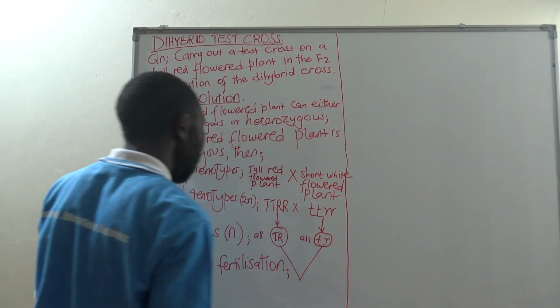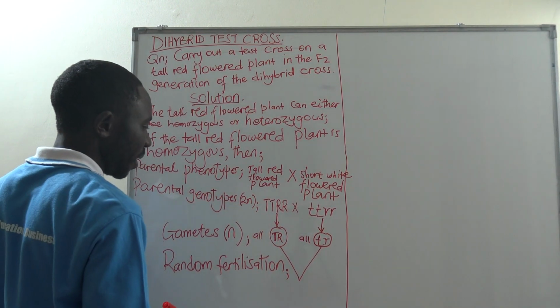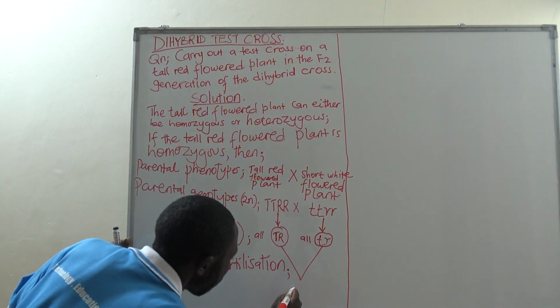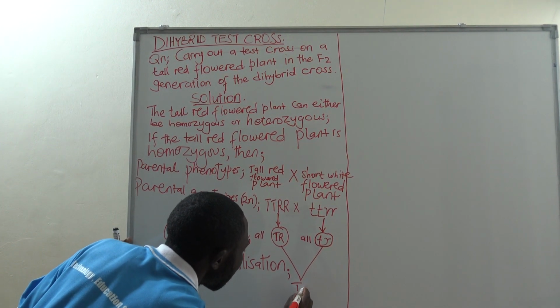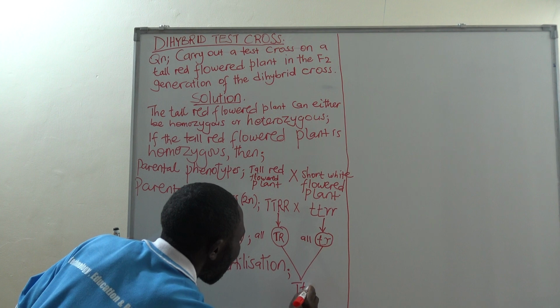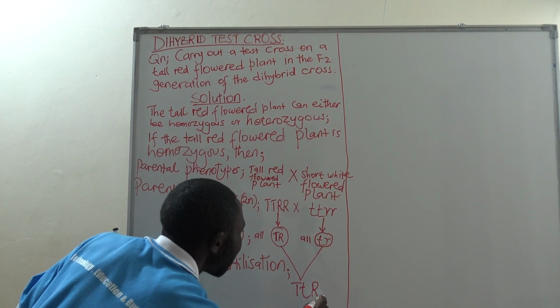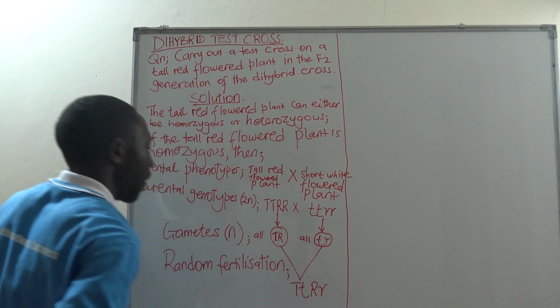Then the offspring will bear a genotype of capital T, small t, capital R, small r.